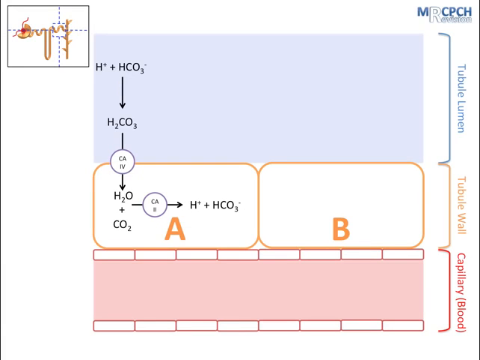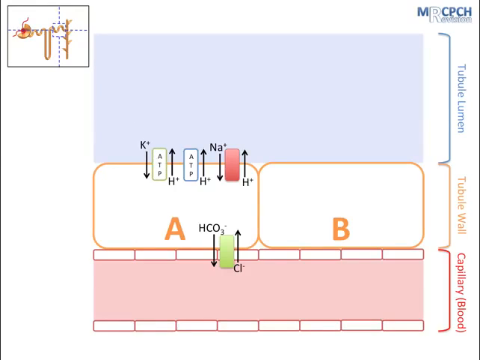bicarbonate. And just like on the proximal convoluted tubule cells, we have the proton ATPase, the sodium-proton exchanger, and the bicarbonate-chloride exchanger. Unique to the type A intercalated cell is a potassium-proton exchange ATPase.